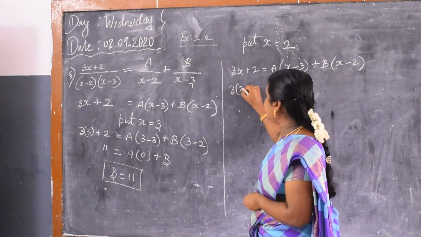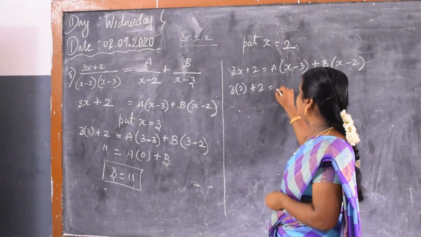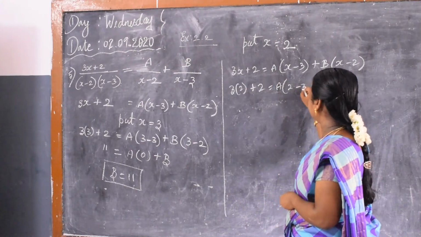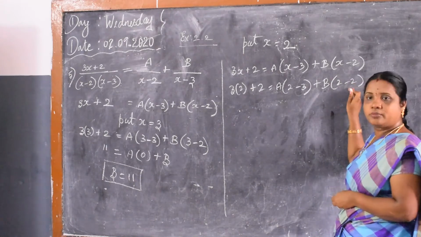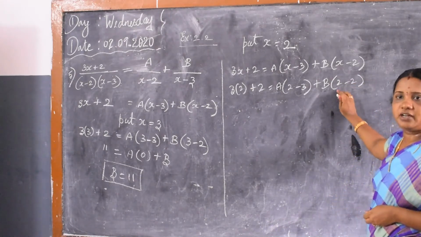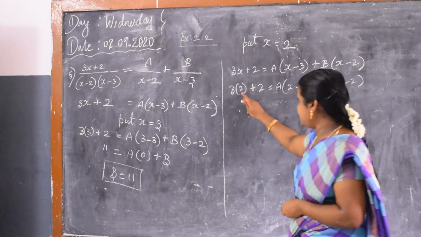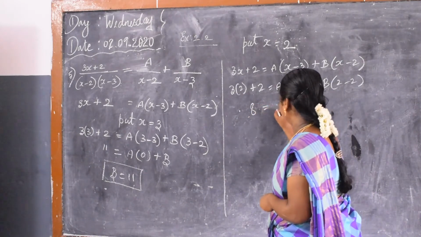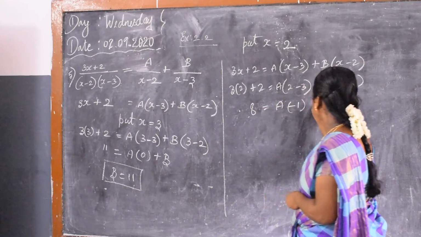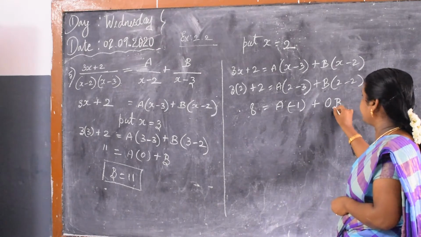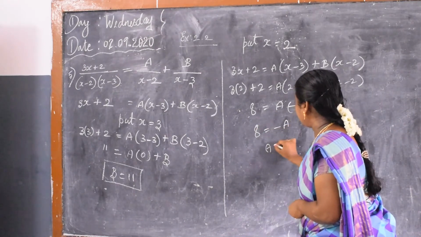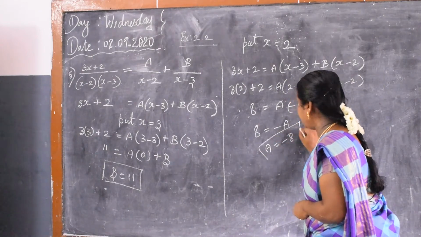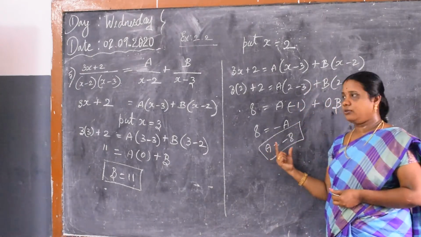That means 3 into 2 plus 2 is equal to a into (2 - 3) plus b into (2 - 2). 2 minus 2 means this term will become 0. So 6 plus 2, 8, equals a times minus 1 plus 0b. So our answer is a = -8. Have you understood? Now we got the values of a and b.